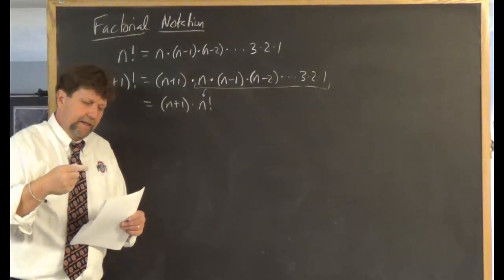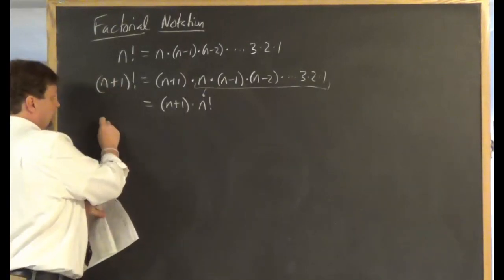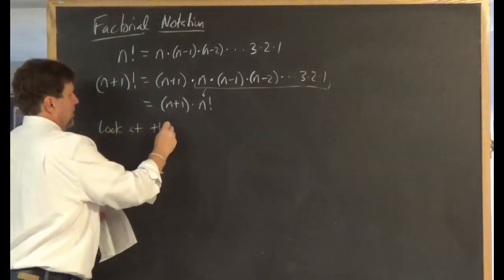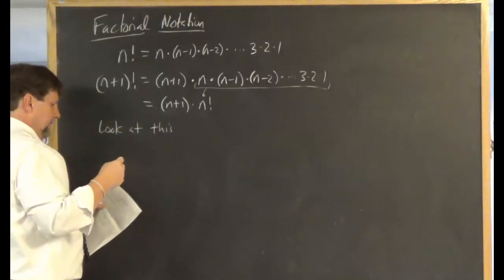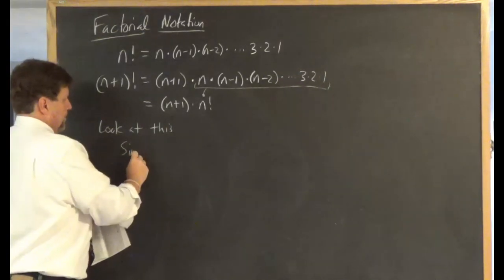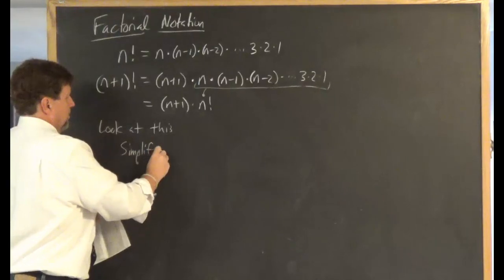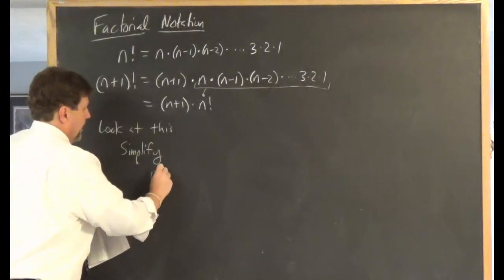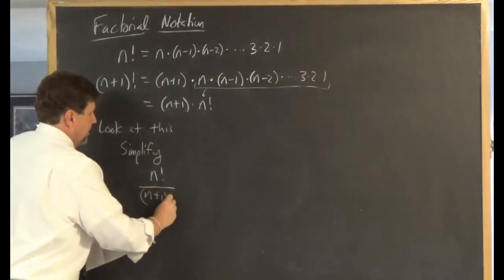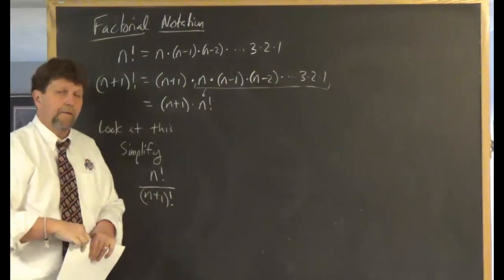So what if we did the following? Here's ours. Look at this. What if I said, let's simplify n factorial over n plus 1 factorial?